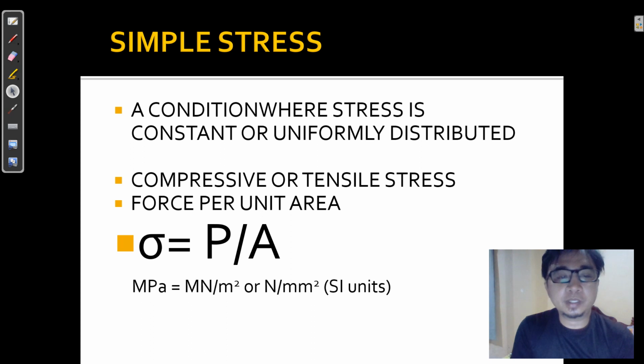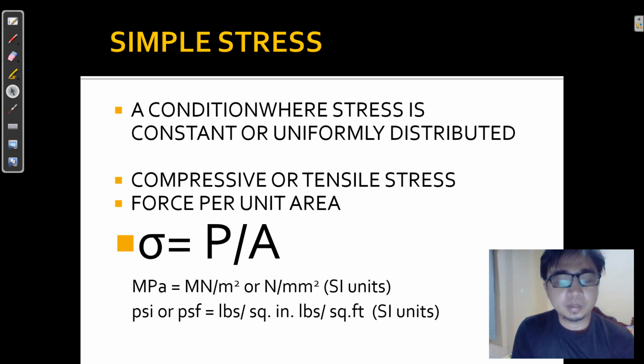So in SI units, we will be dealing with megapascal. So megapascal is actually meganewton per square meter, or newton per square millimeter. So again, megapascal is meganewton per meter squared, or newton per millimeter squared. So basically, you need to recall the prefixes of the units.